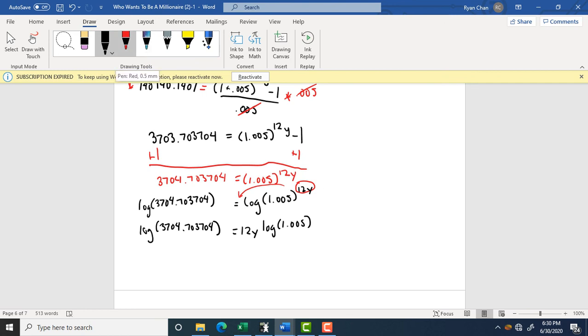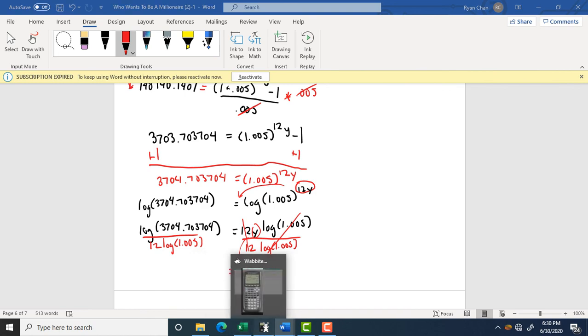So one thing I can do is divide both sides by 12, because this 12 will get rid of this. And I can also divide both sides by the log of 1.005. This will cancel. So you see that this y is by itself.